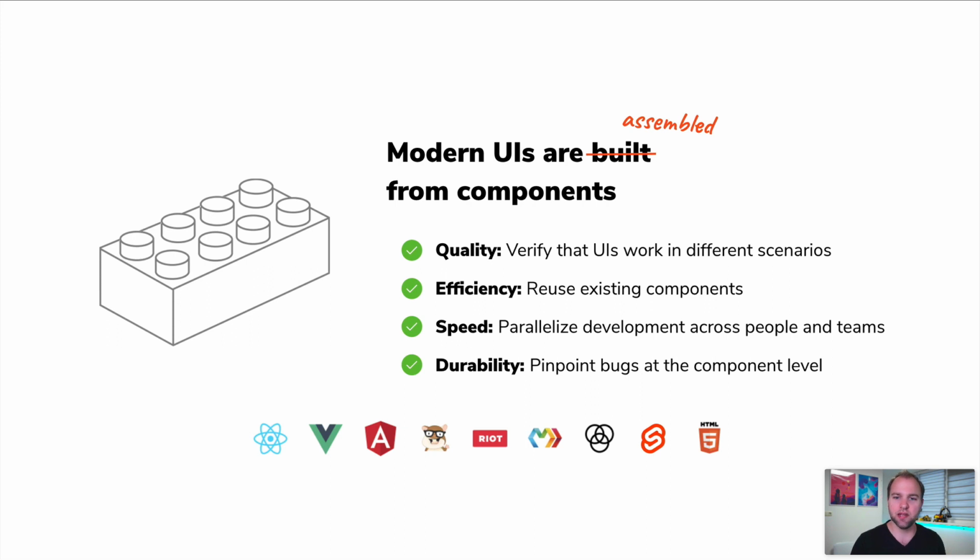And durability: you get to pinpoint bugs at component level. So if you have a bug, it's easier to drill down into your component tree and figure out where the issue lives exactly, and then debug that one component that you have already pinpointed.